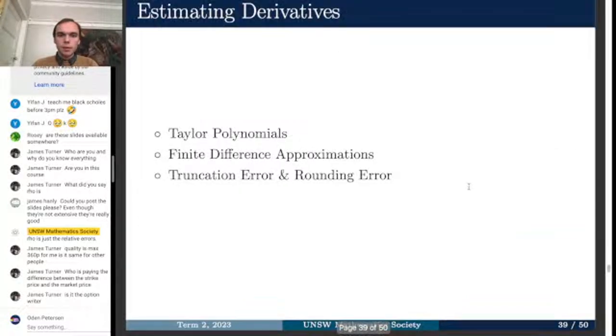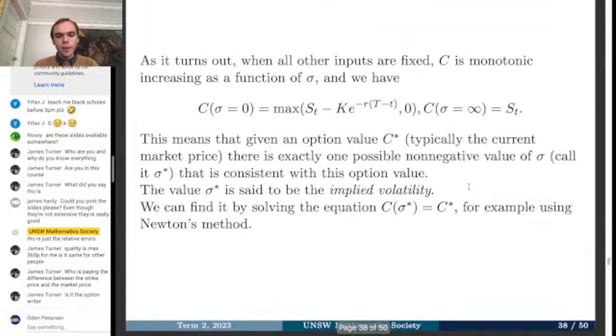So this problem of estimating the implied volatility is what's going to lead later on to the motivation for, among other things, finding roots of nonlinear equations. And we may get to that today, depending on how we go for time.